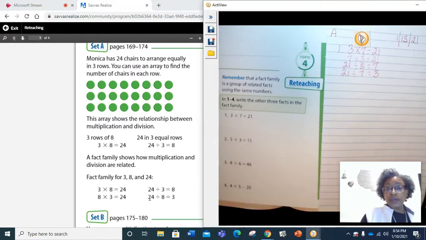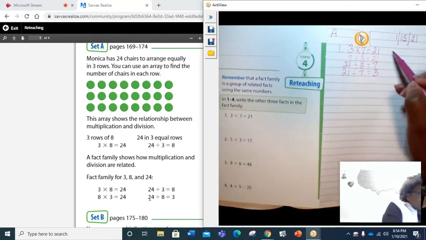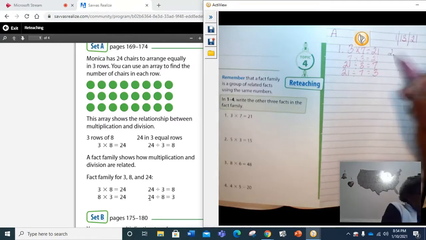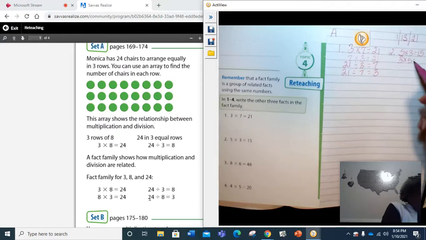So we're going to go ahead and finish number 2, 3, and 4. Okay? Number 2. 5 times 3 equals 15. So 3 times 5 equals 15, showing the commutative property.